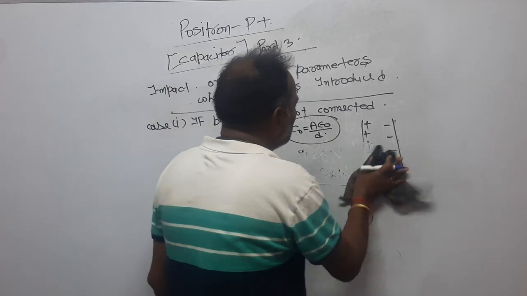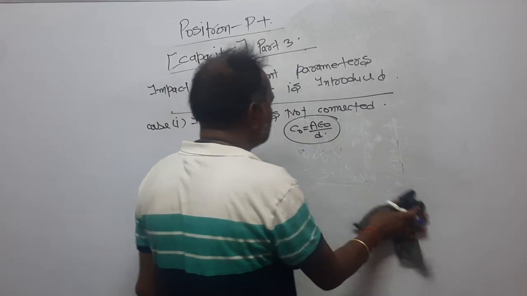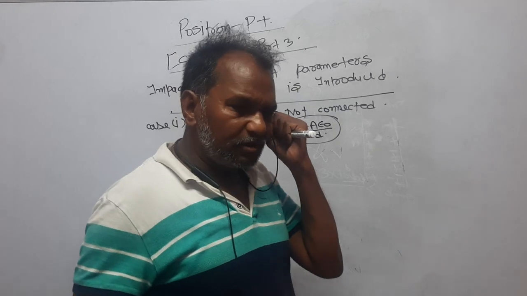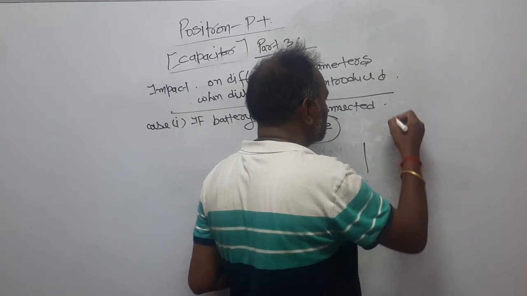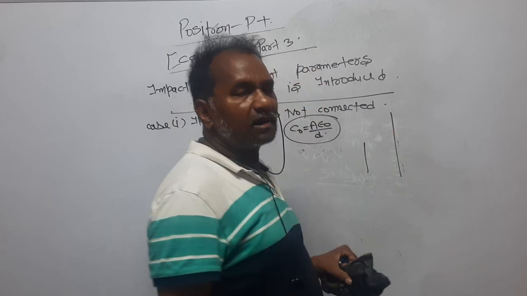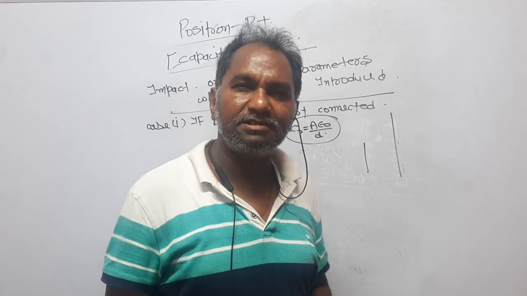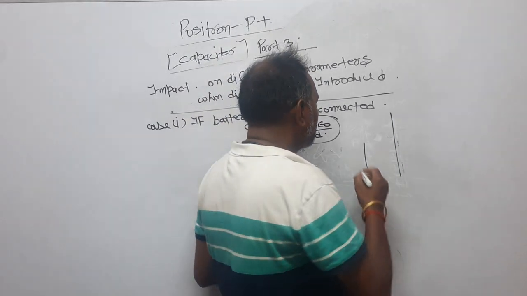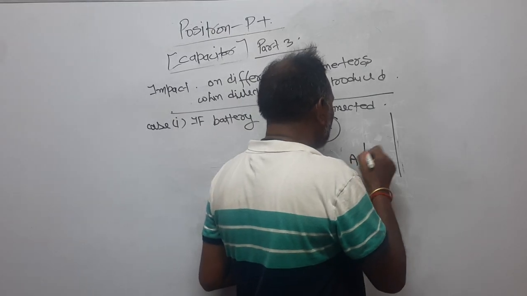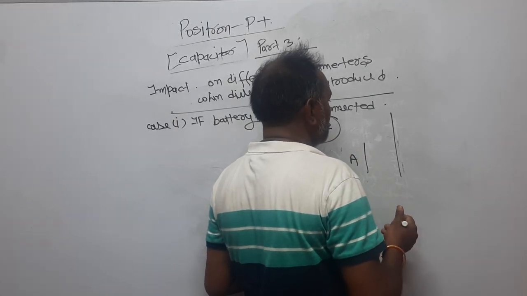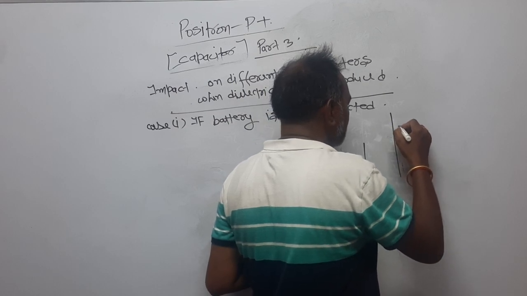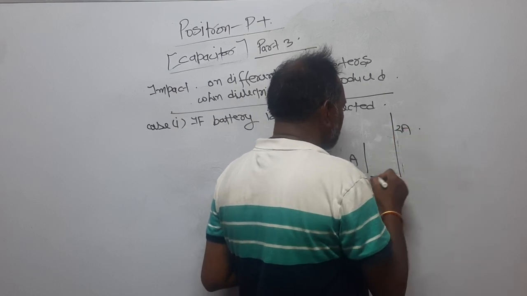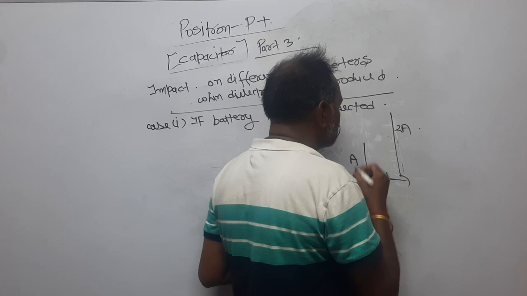Dear student, a question is asked. If you are a student of IIT or NEET, you must be aware of this: the two plates of a capacitor, one has area A and the other has area 2A, and they are a small distance apart.